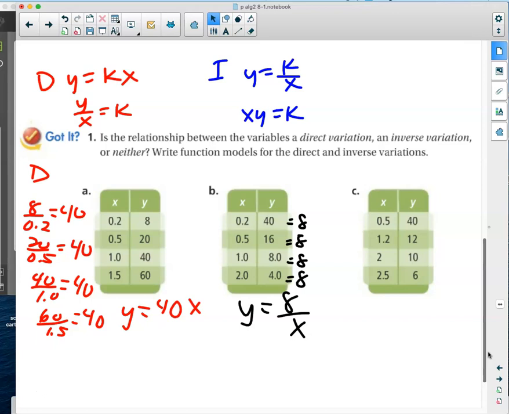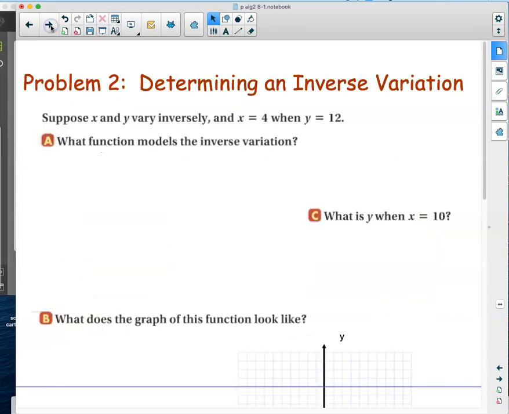Yeah, this is our neither, however you want to say it, but it doesn't work. You try them both ways and it doesn't work. And again, in reality, that's what most situations would be in the real world. We're going to see some nice ones they want us to see so that they actually work, but not everything is as cut and dried as direct and inverse.